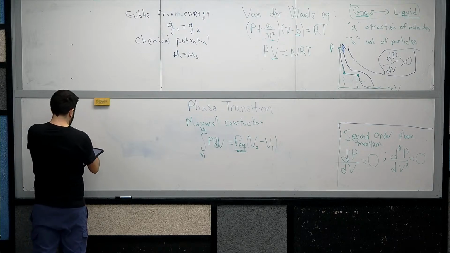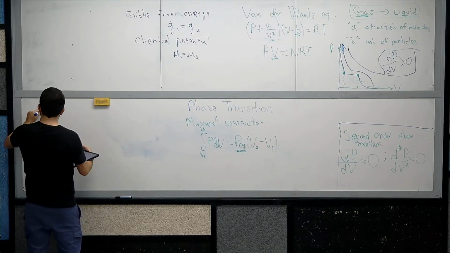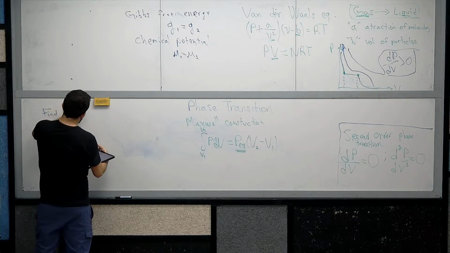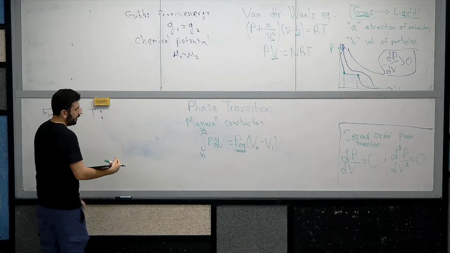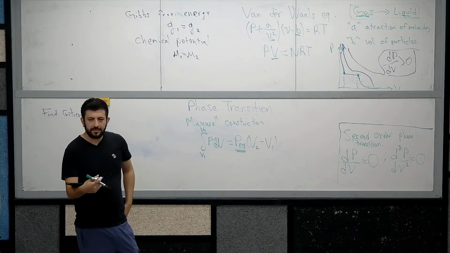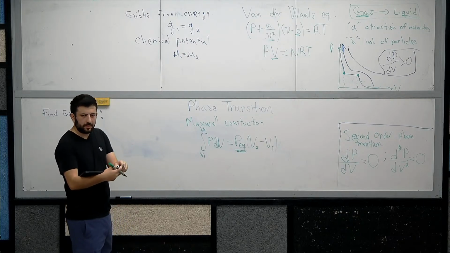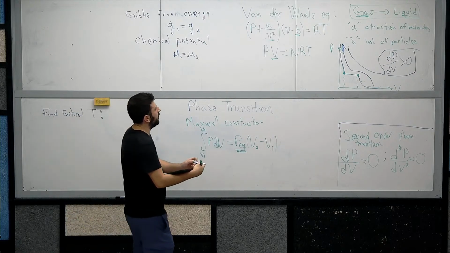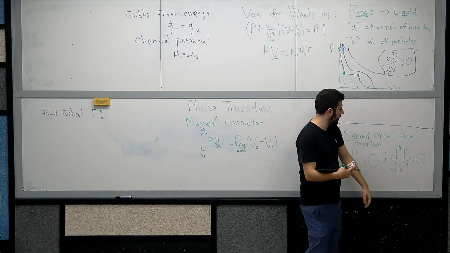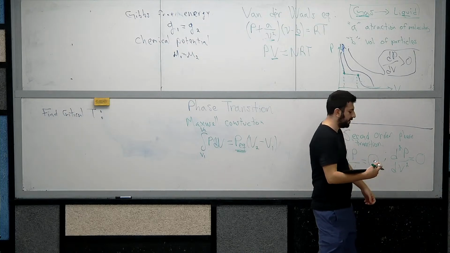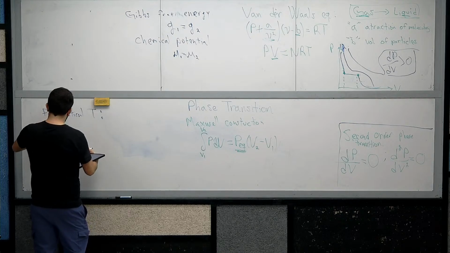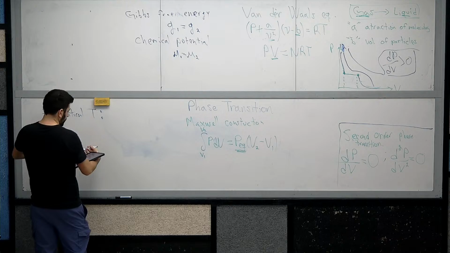First we want to find the critical temperature. Do you have any idea how we can find the critical temperature? The way to do it is that we need to satisfy these two conditions. The first derivative and the second derivative must be 0. So let's do that. So dp over dv.